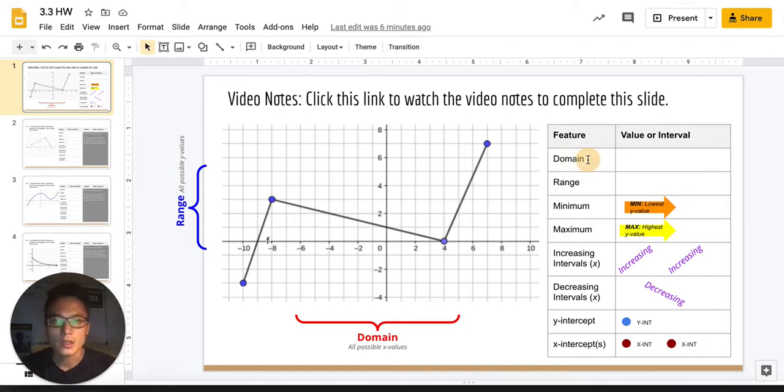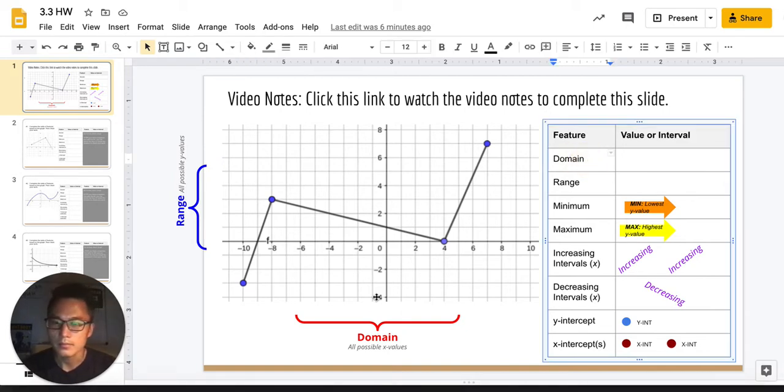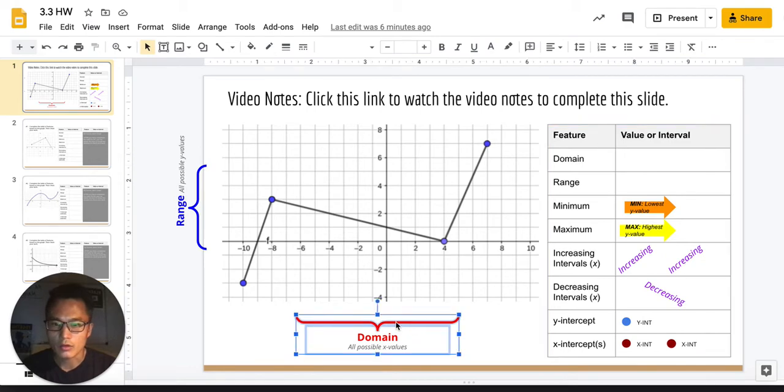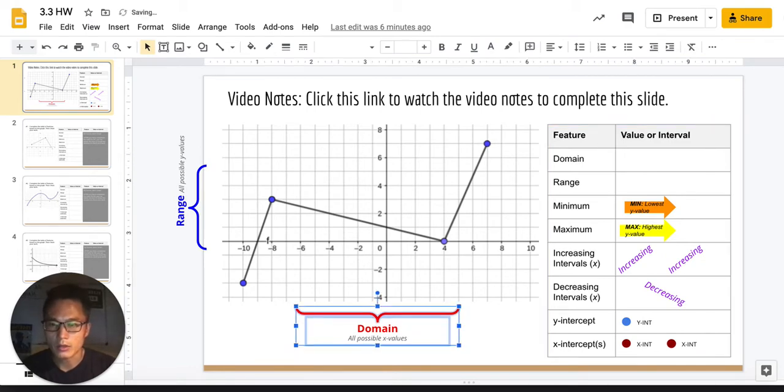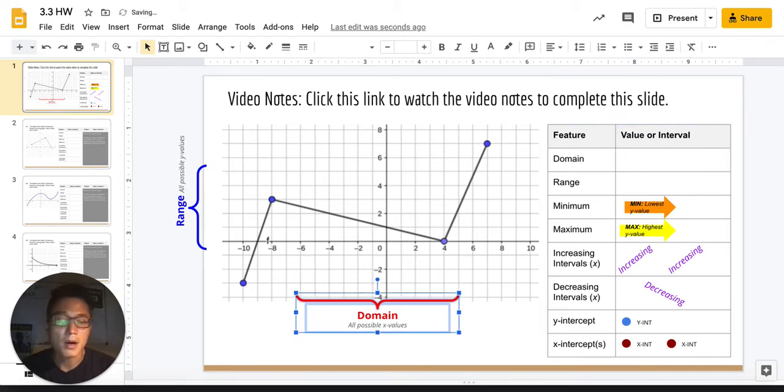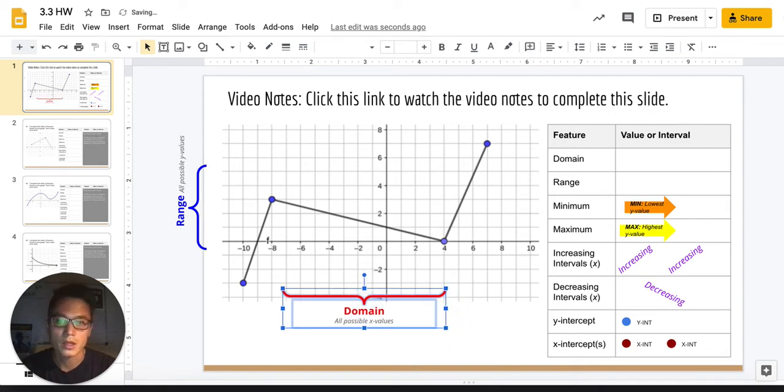First is the domain, and you'll remember from an earlier lesson that the domain is all the possible x values that we see in the function or in the graph.